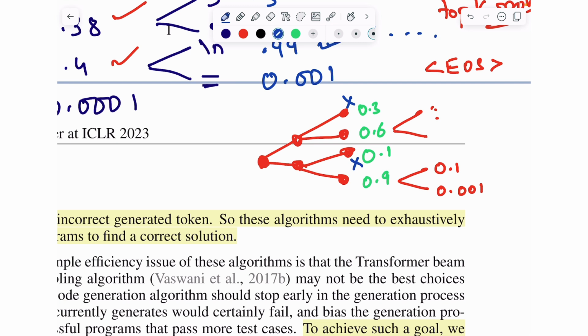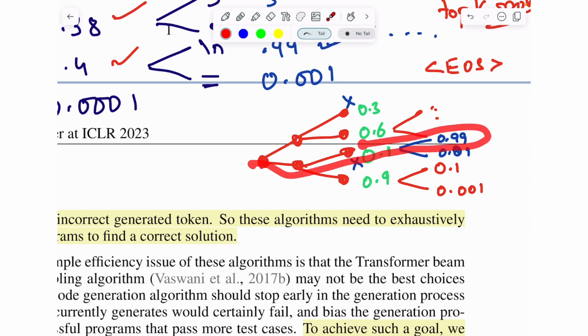Let's say the probability distribution after 0.1 could have been 0.99 and 0.01. So now the probability of selecting this particular path would have been much larger if we had not discarded this particular node.